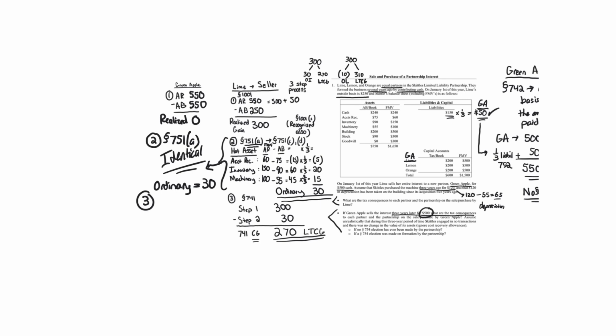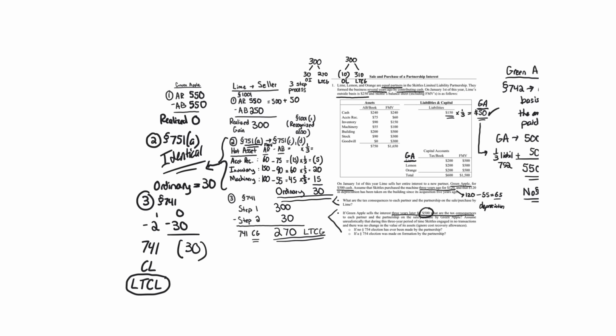Finally, we get to step 3, the 741 analysis. We take step 1 minus step 2. Step 1 was 0. Step 2 is 30, so 0 minus 30. The 741 capital loss, specifically a long-term capital loss because Green Apple has held the interest for 3 years, is $30, a $30 capital loss.